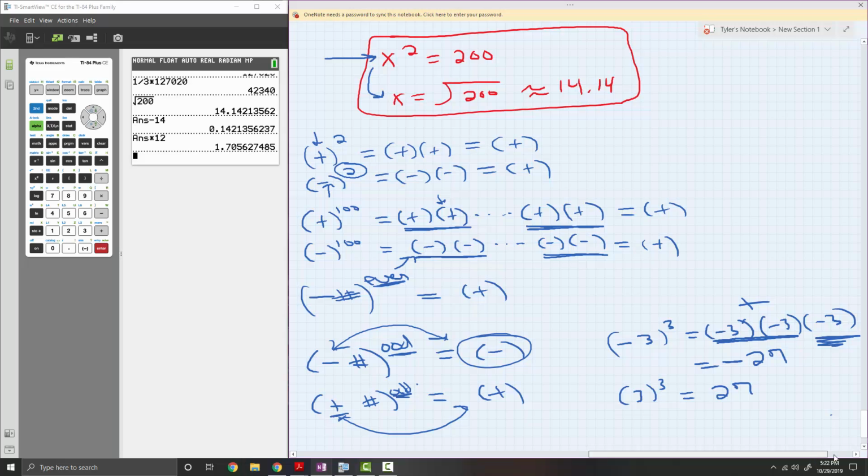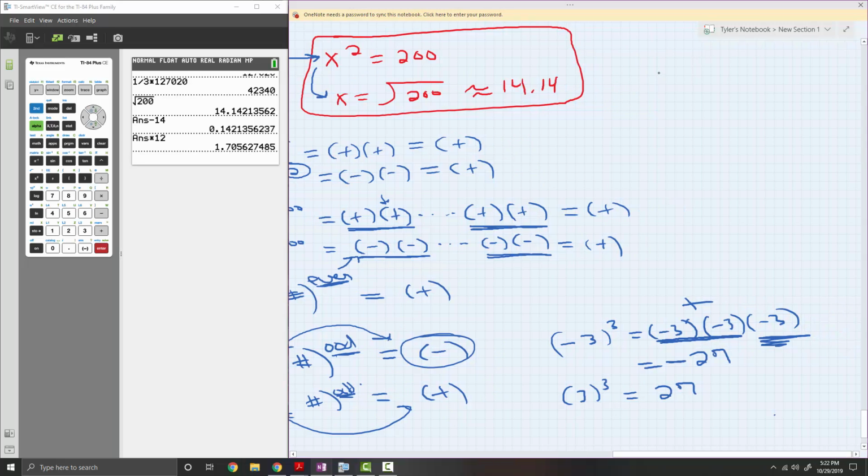So my point is, in general, if I have an equation like x squared equals 9, this is an even power. Remember, when I square something, I don't know if it was positive or negative to begin with. So the correct way notationally to do this is, when you take an even root of both sides, you have to put a plus or minus on one of the sides.